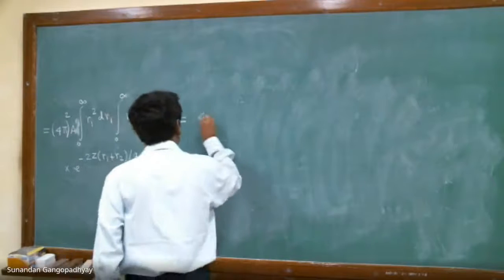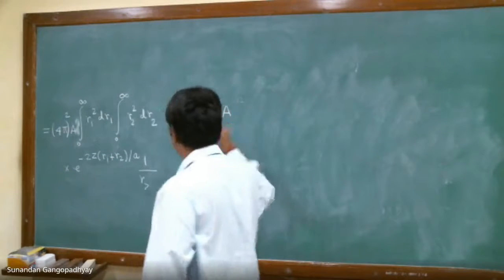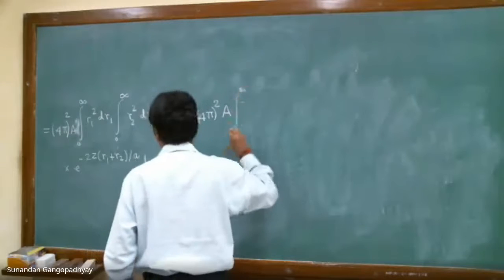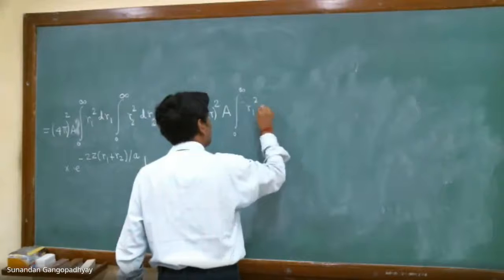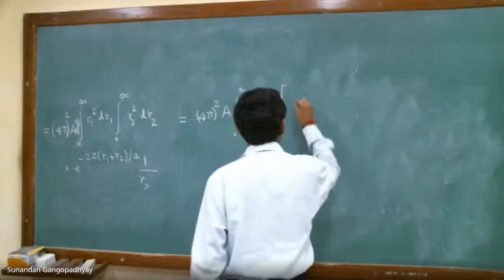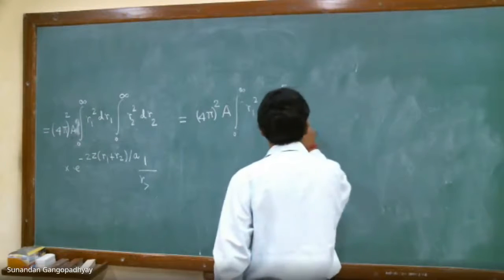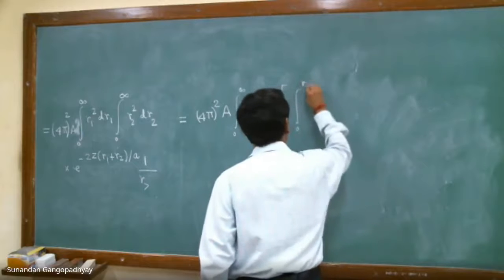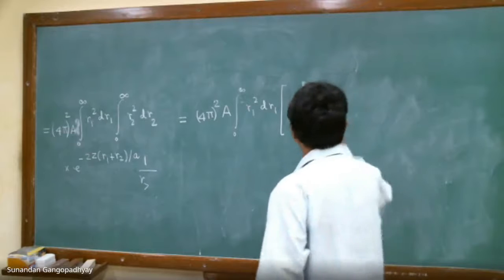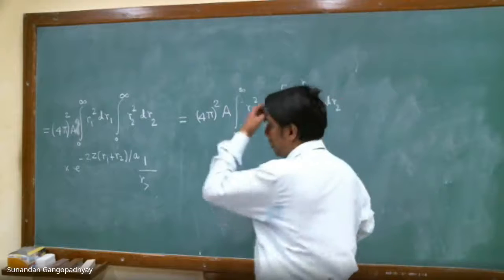So we can write this down as 4 pi whole square, the constant a, remember what this constant a is, and then we have 0 to infinity r1 square dr1, then we have to carry out the r2 integral. So this is 0 to r1, r2 square dr2.